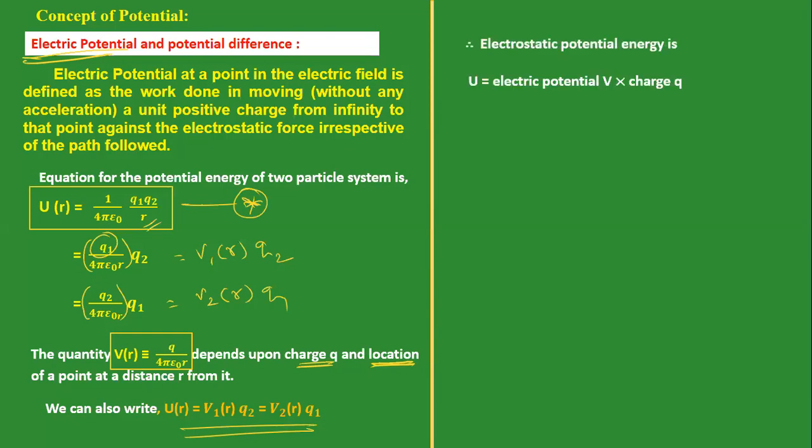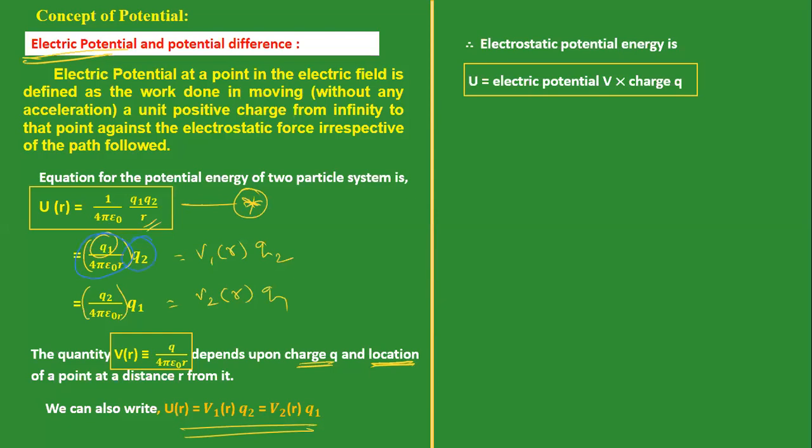So this electrostatic potential energy, we can write in this format also. U is equal to potential into charge. You can see here, you already saw, this is a potential and this is a charge. Okay.